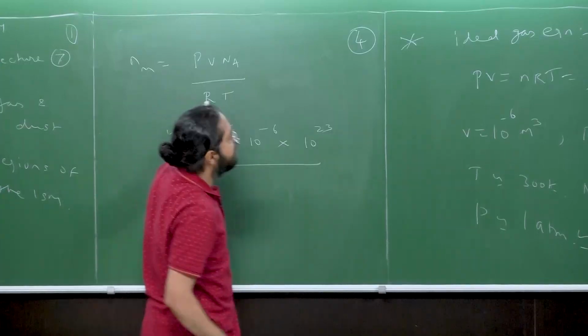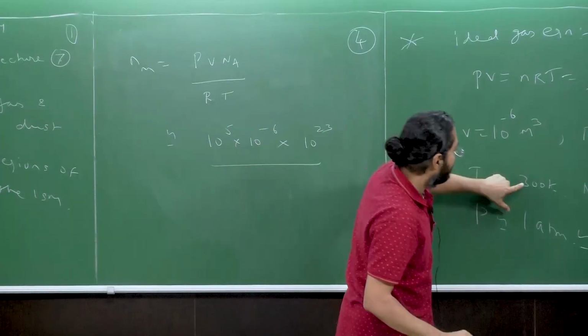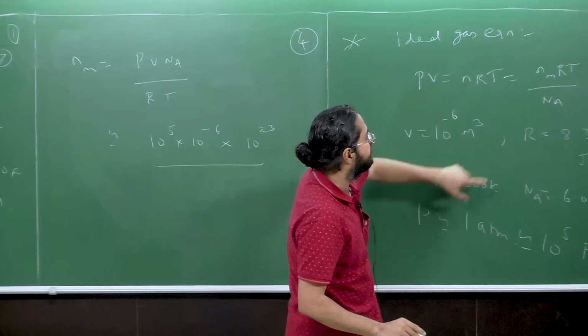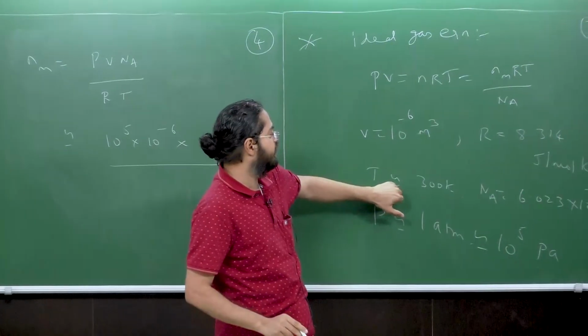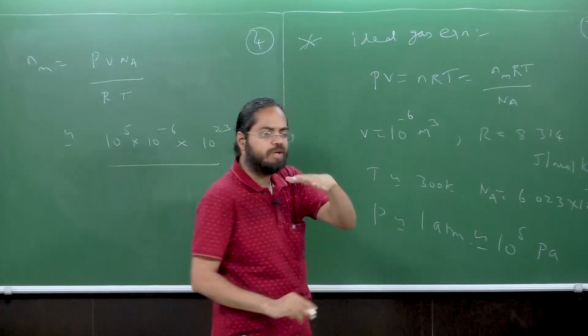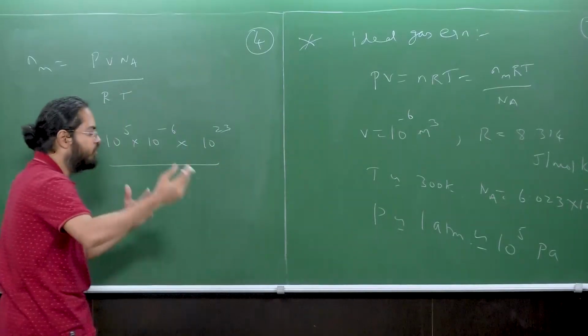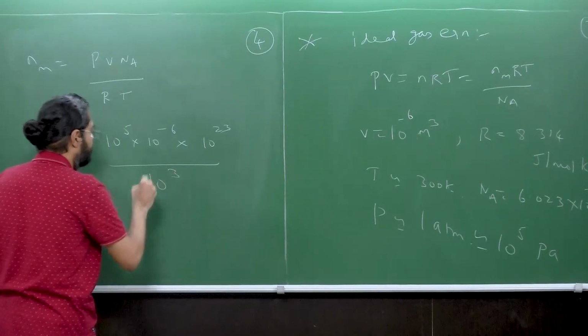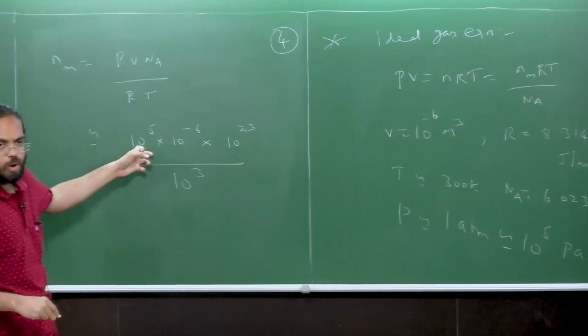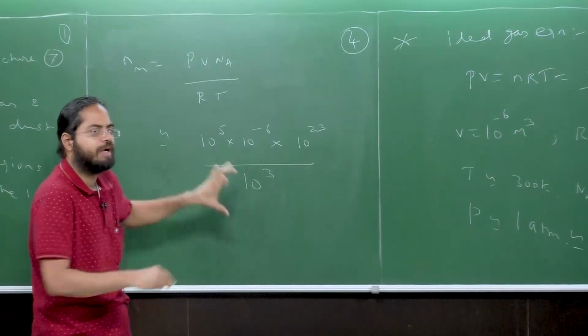Divided by, now RT is what? R is 8 and T is 300. So 8 times 3 is roughly 2400, right? Again, it's of the order of thousands. So we can do this. Okay, we don't need to worry about the prefactors at all.